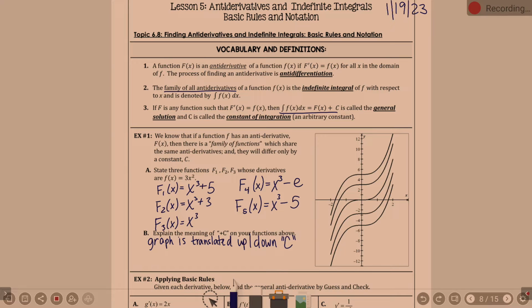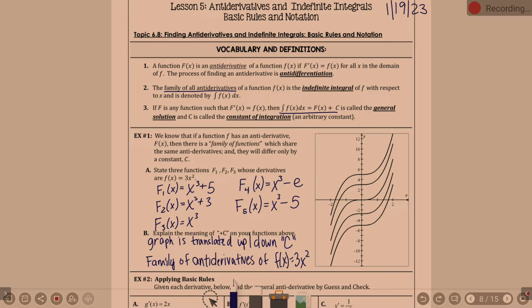I don't know how I want to write that, but just family of antiderivatives of f of x equals 3x squared.